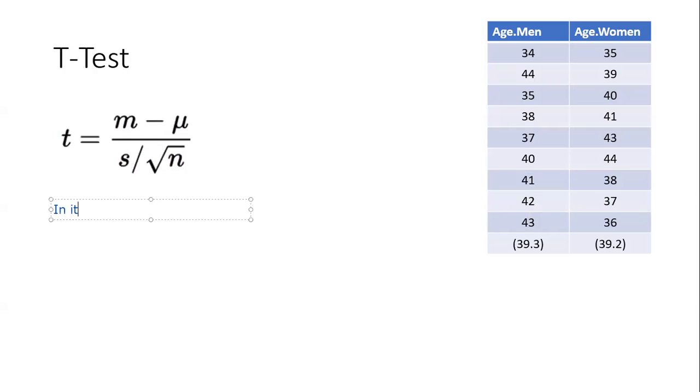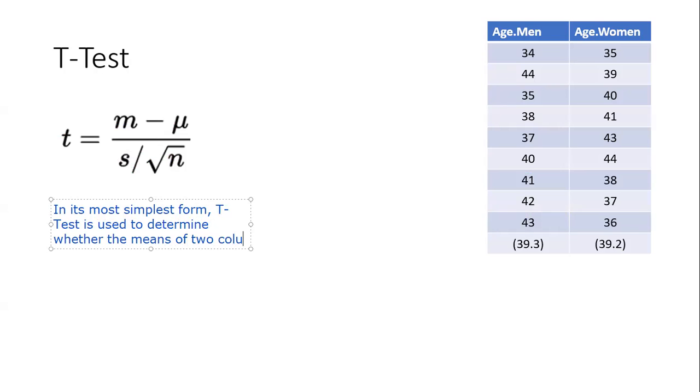In its simplest form, the t-test is used to determine whether the means of two columns are statistically, or significantly, different from each other or not.